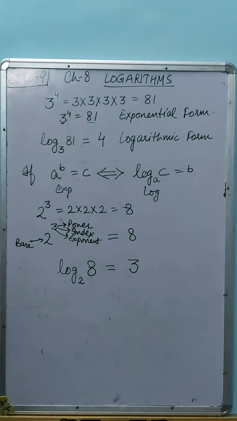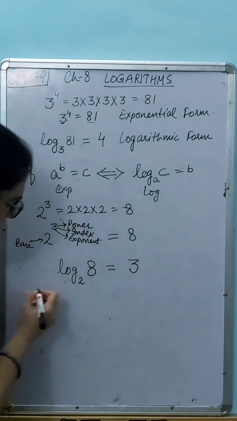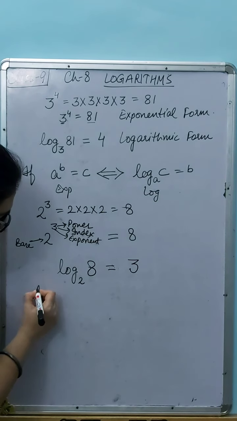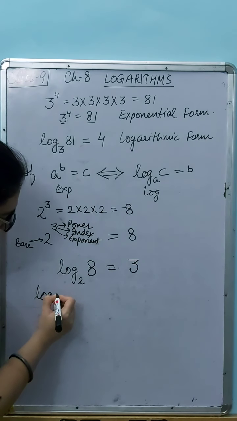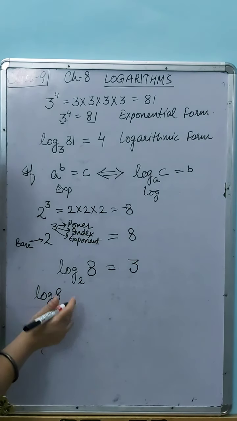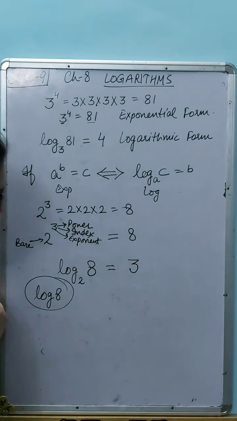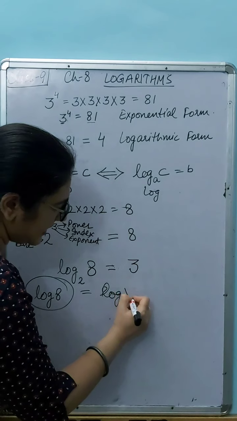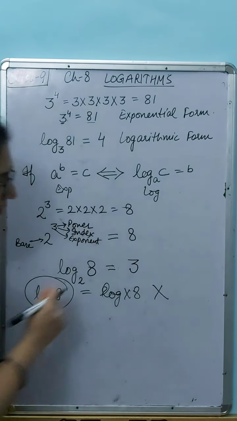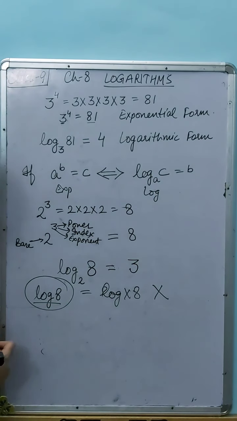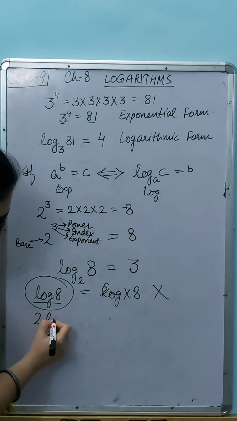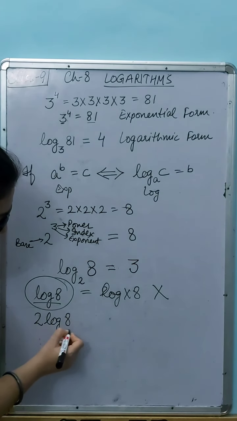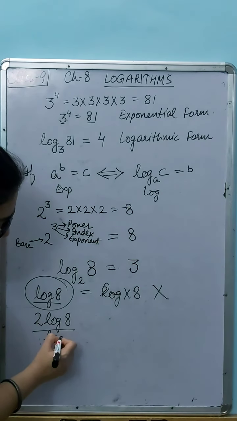Always keep this very clear: whenever you have a term log 8, it is a single term. This is not log multiplied by 8. Suppose you have 2 log 8 over log 8.